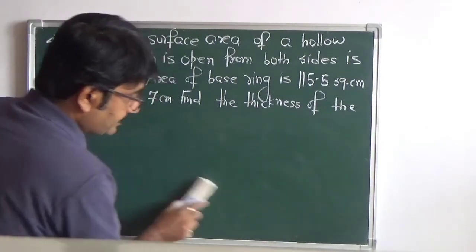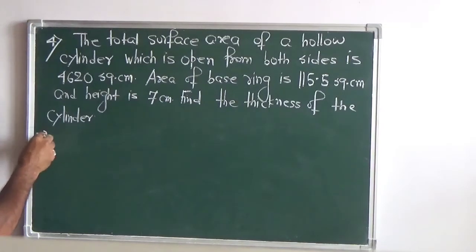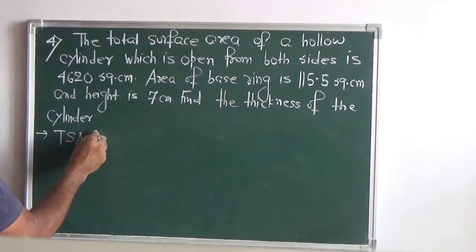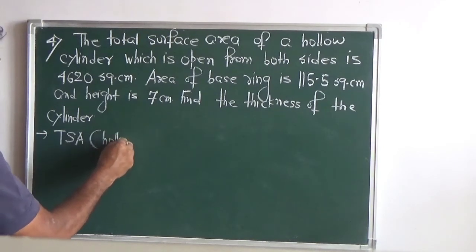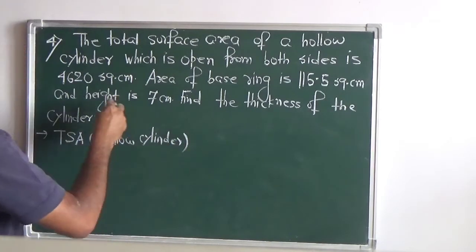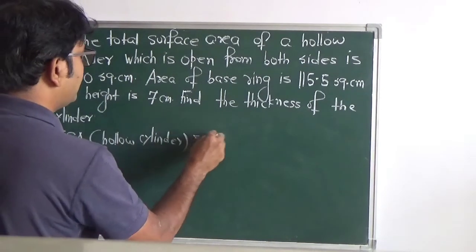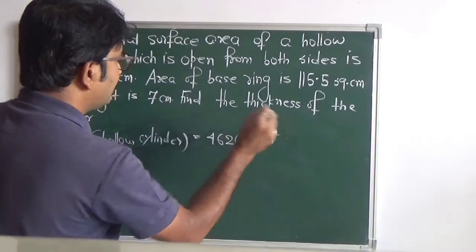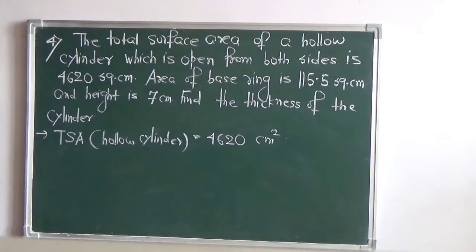So first of all, you start with the total surface area. Total surface area of the hollow cylinder is given as 4620 centimeter square. This is given. Next, area of the base ring is given.